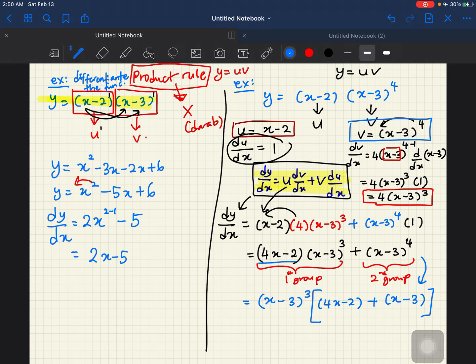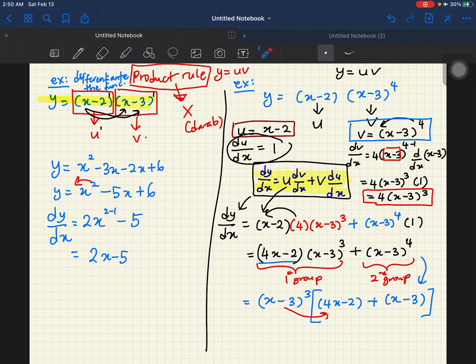Okay? So if you want to check, you can always multiply it back. This one multiplied with this, you get this one; this one multiplied with this, you get the same one. It's just that the power will increase by 1.